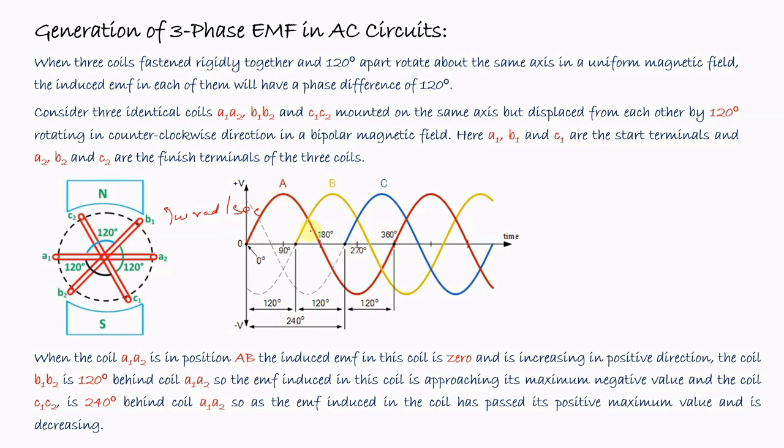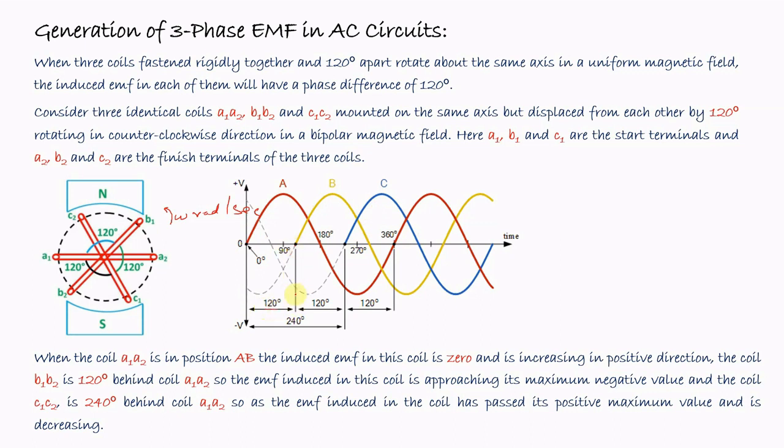So if we plot the three induced EMFs, they can be represented by the red, yellow and blue lines, where red is the induced EMF in the coil A, yellow is the induced EMF in the coil B, and blue is the induced EMF in the coil C. Here we can see that the phase difference between A and B is 120 degrees.